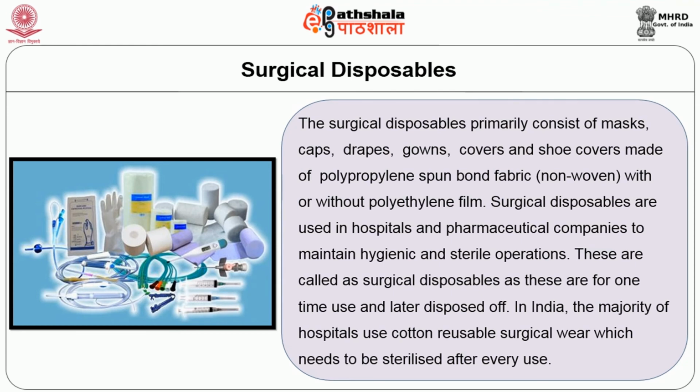Surgical disposables are used in hospitals and paramedical companies to maintain hygiene and sterile operation. These are called surgical disposables as they are used only once. Later they are disposed. In India, major hospitals use cotton, reusable surgical wear which needs to be sterilized after every use.